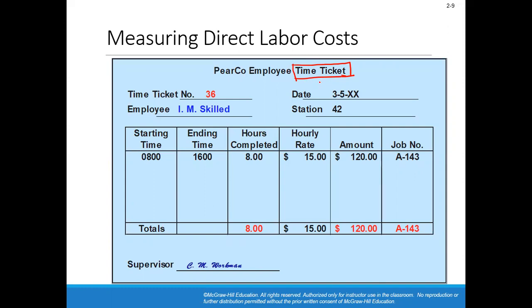So what happens actually? Let's think of this employee name, I'm skilled. Think of this as an employee name, and he has the computer generated time ticket number 36. So what he does every day, when he or she enters the factory, he makes a scan. What kind of scanning?